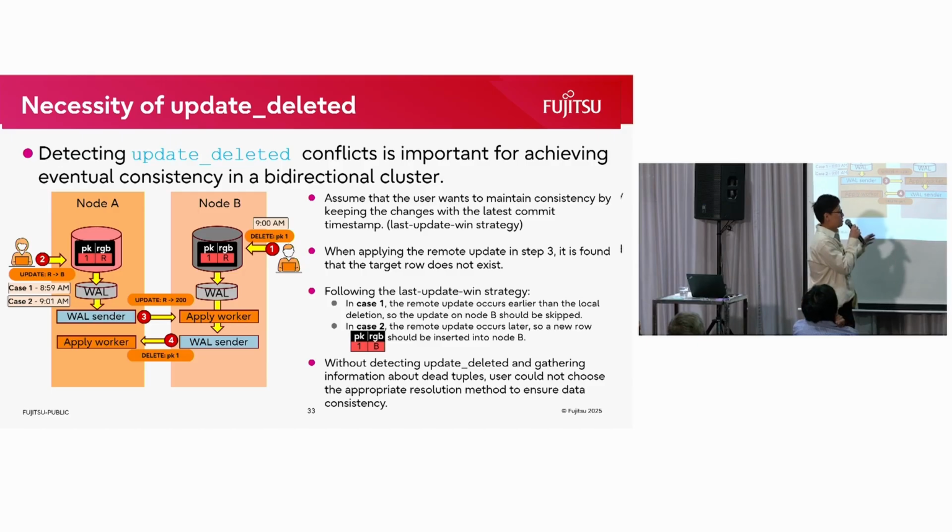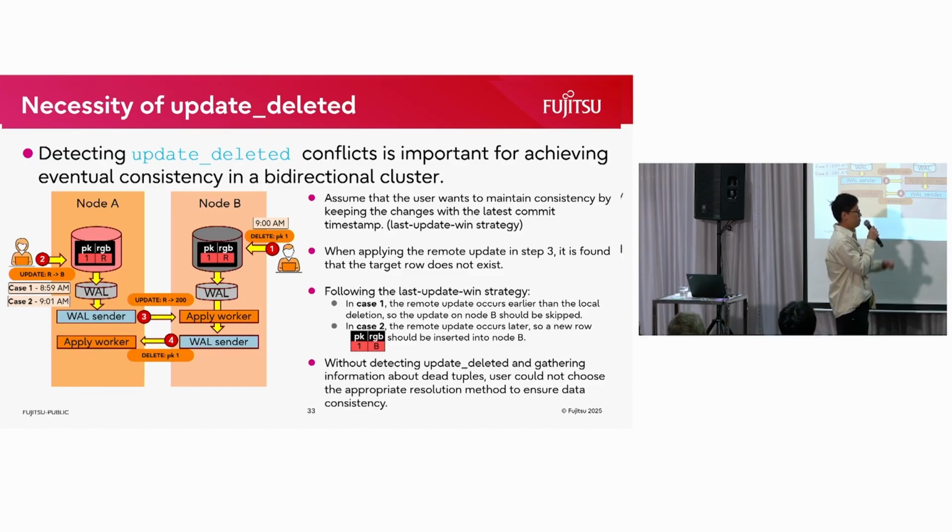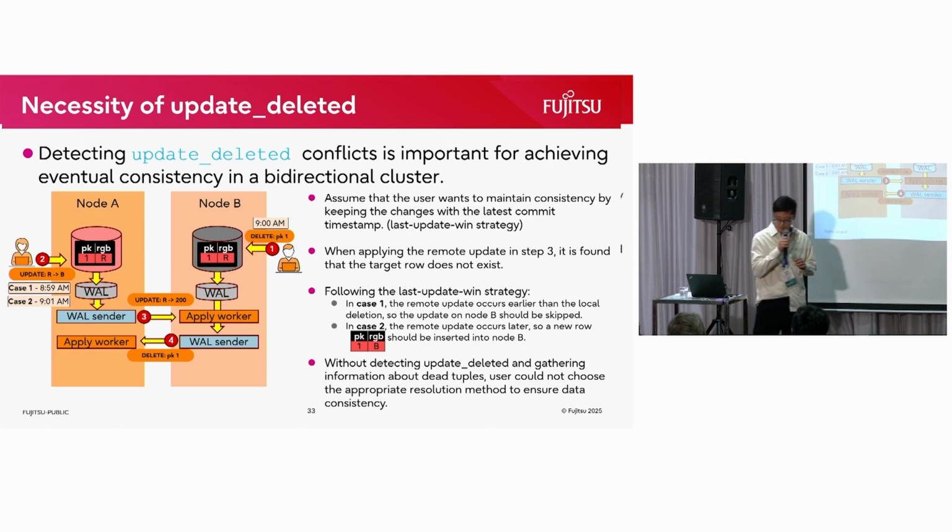In case 2, if the remote update occurs later, we need to apply that update. Basically, we convert the update into an insert and insert it into node B. This indicates that without detecting the update_deleted conflict and gathering information about dead tuples, users may not choose the appropriate resolution method to achieve data consistency.